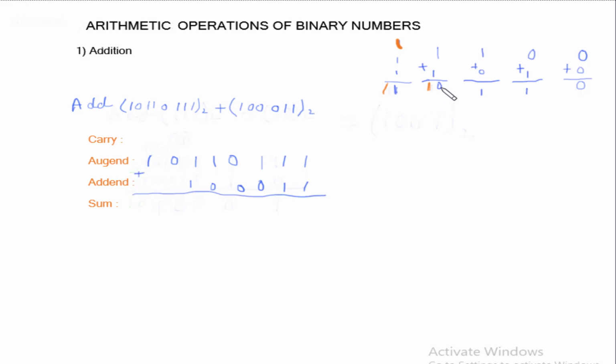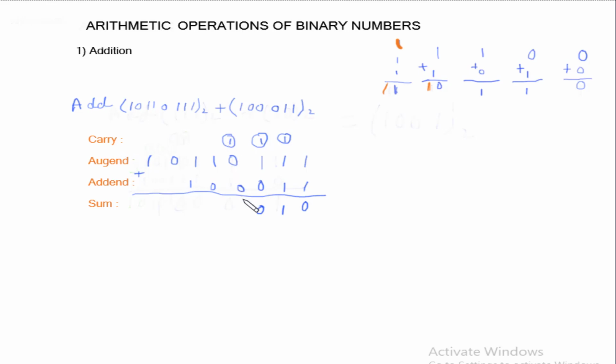1 plus 1 in this case, so here 0 will be written and 1 will be carried. Now here 1 plus 1, we got this scenario where 1 will be written and again 1 is carried. This one is carried from the previous column. Now 1 plus 1 is this case. Here we will write 0 and 1 will be carried. So again 1 is carried.